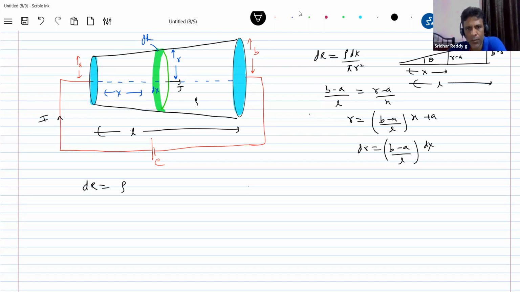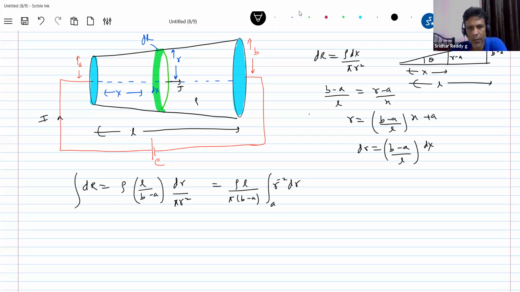So dR equals rho, dx will be L by (b minus a) into dr, divided by pi r squared. So rho L over pi (b minus a), r to the power of minus 2 dr.